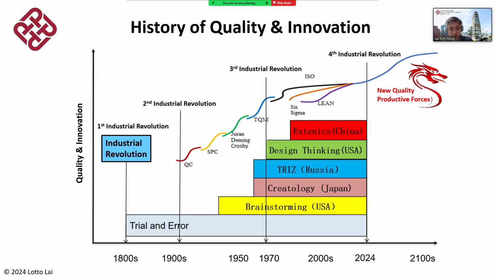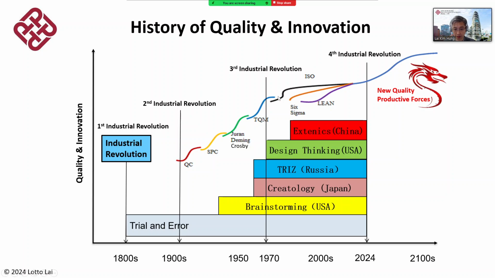Now, talking about the evolution and history of quality and innovation. For quality, after the second industrial revolution, we have QC, quality control, and SPC, statistical process control. Juran, Deming, and Crosby are the quality gurus whose philosophies developed TQM.